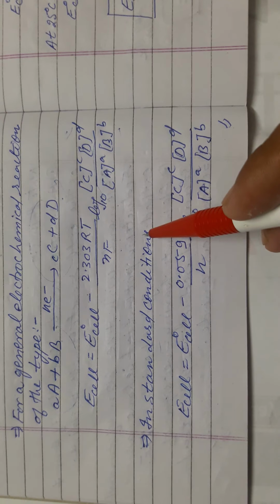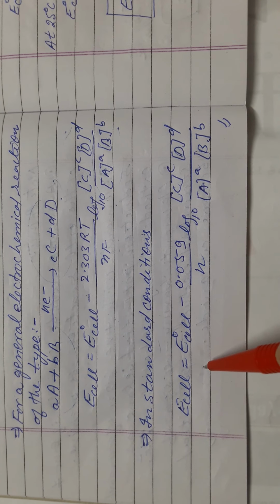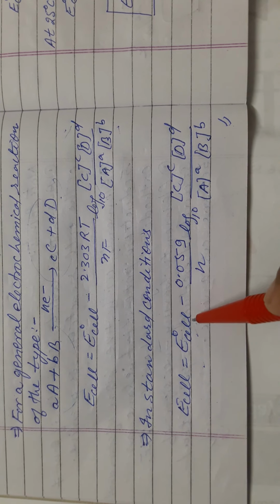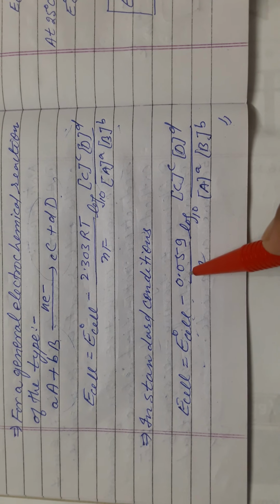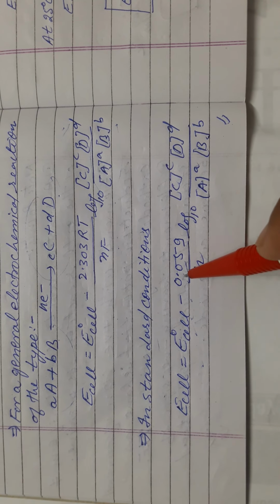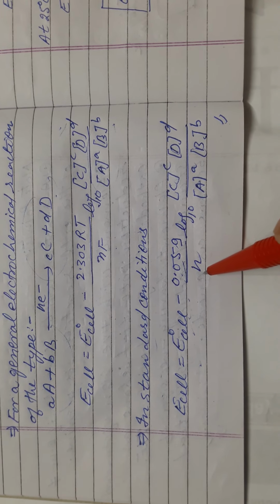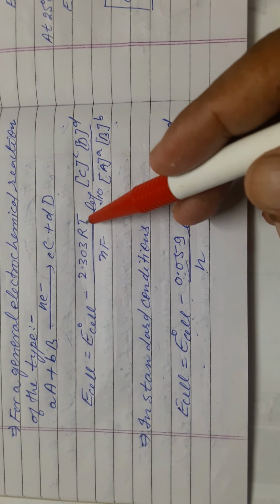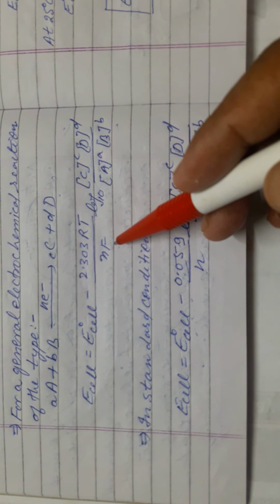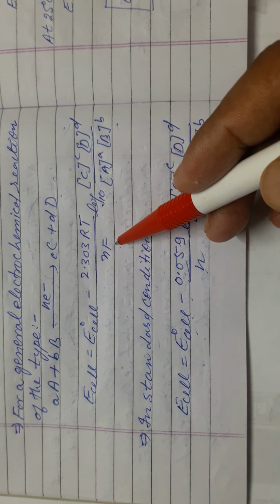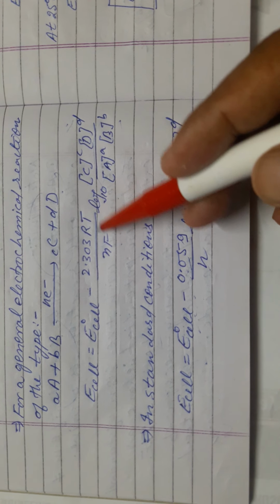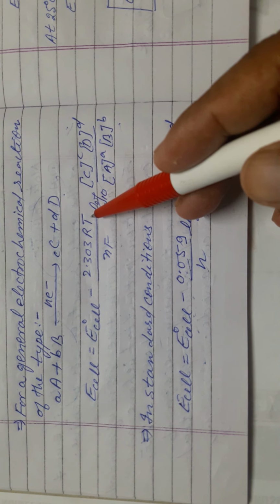In standard condition, E cell equals E naught cell minus 0.059 upon n. Students, whenever we put the value of R, T and F in standard condition, the value of T will be 25 degrees Celsius.